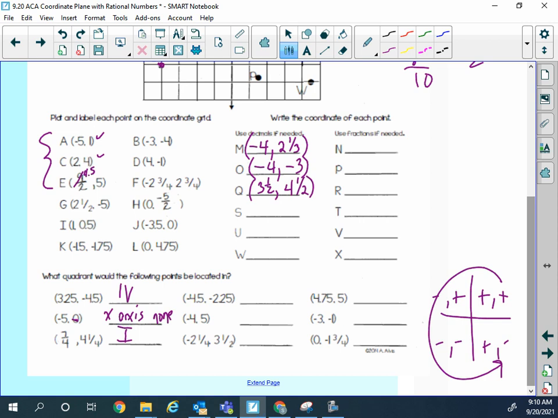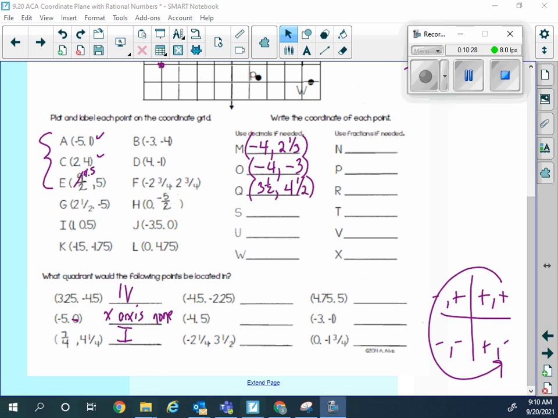Does anybody have any questions? Do you feel confident that you could finish this page with your table group? Yeah, and then we'll go over it together, okay? And if you're at home, pause the video.